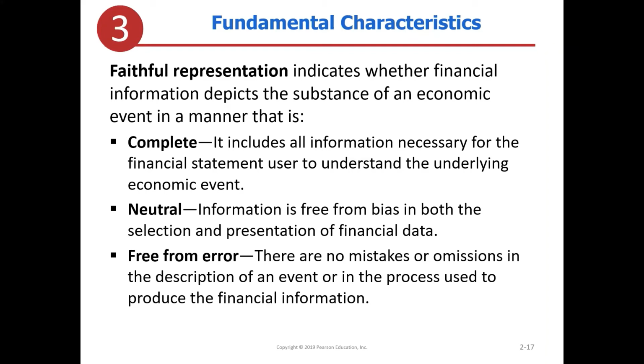In other words, they only disclose information about 1 lawsuit and how favorable it may become for them, but they do not disclose the 2 that may have an unfavorable outcome. So this is considered bias. This biased reporting does not faithfully represent the firm's financial position. Information is reported free from error when there are no mistakes.